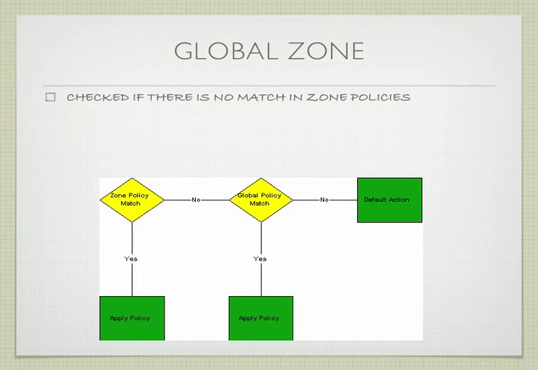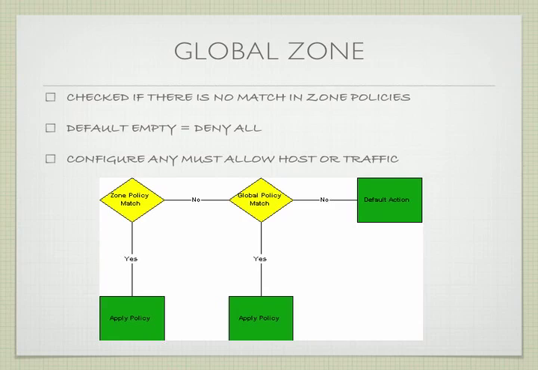So the global zone will only be checked if there's been no policy match in any of the zone policies. And the default is there are no policies in the global zone, so that means it will deny the traffic. You can configure any global policies that you want to allow a host or other traffic.